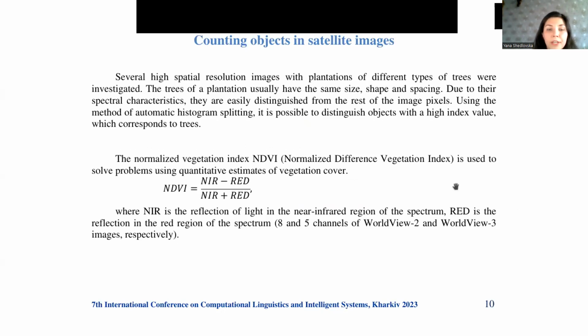For identification of particular elements that make up the texture, the spectral characteristics of objects can be used. In case of vegetation or trees, we can use different vegetation indexes. For example, NDVI vegetation index.